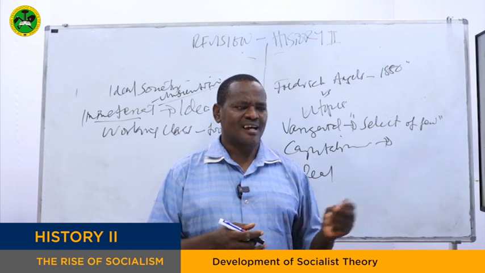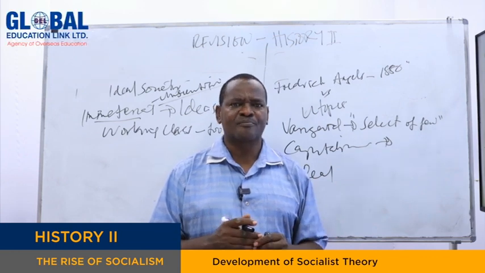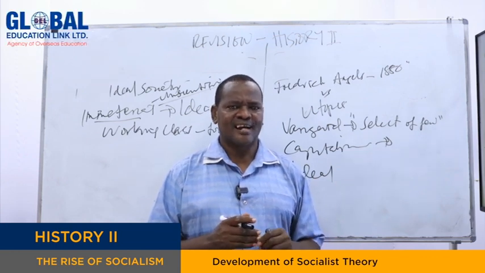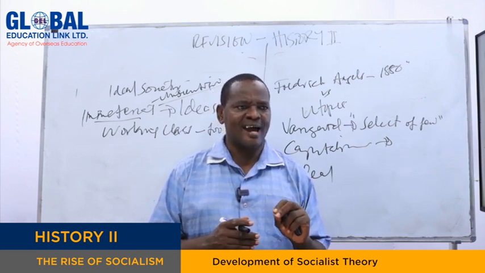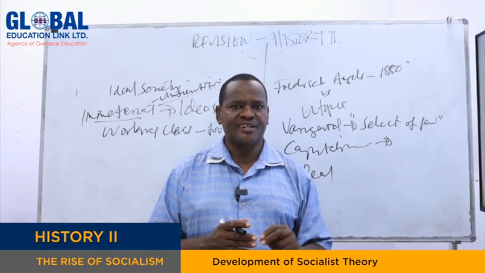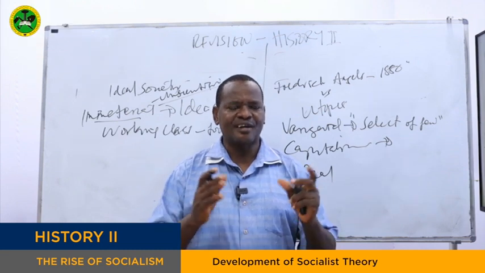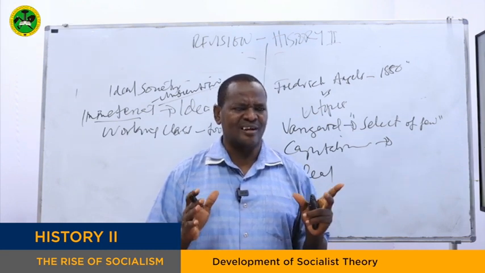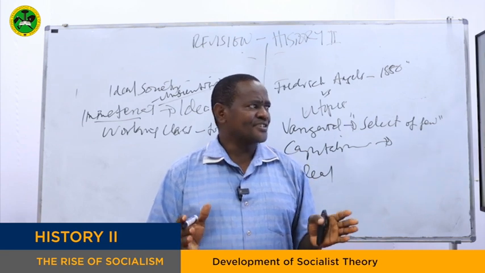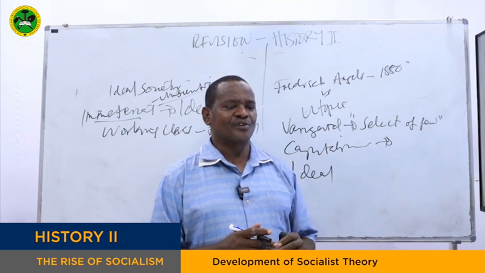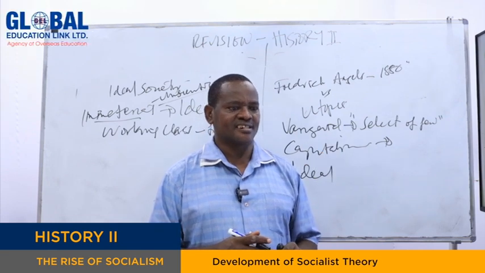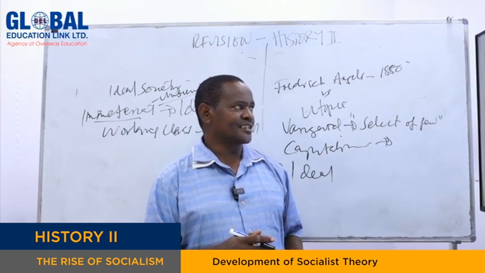Remember what Robert Owen was trying to build after he bought the Lanark cotton mills, or after he went to the United States and established New Harmony in Indiana. He was trying to create a society in which people are going to be equal. So they tried to establish an ideal socialist society, something which, of course, came to be inherited by scientific socialism.